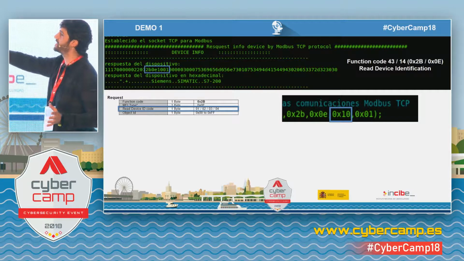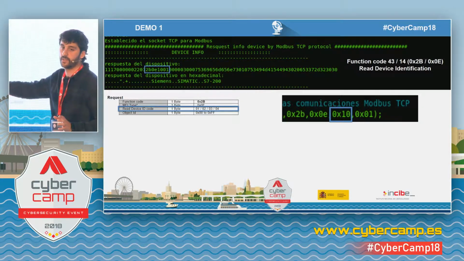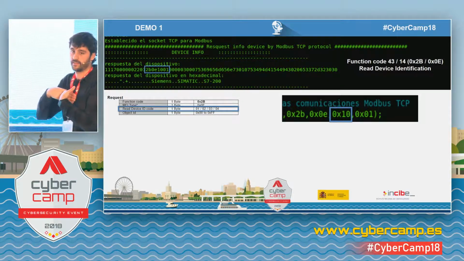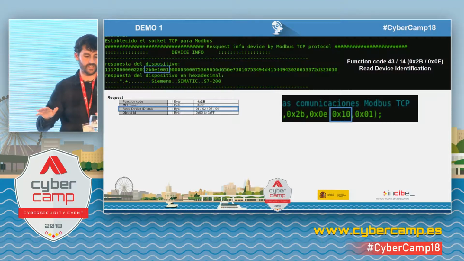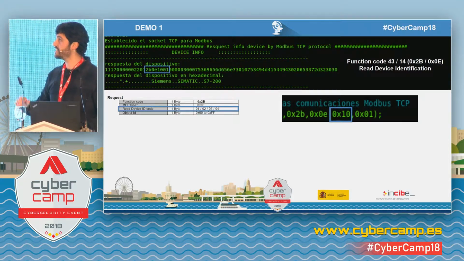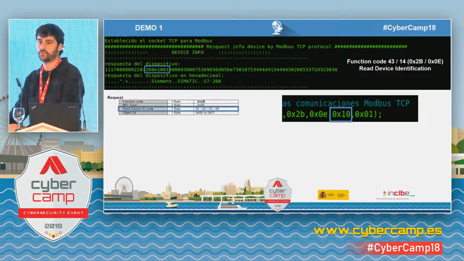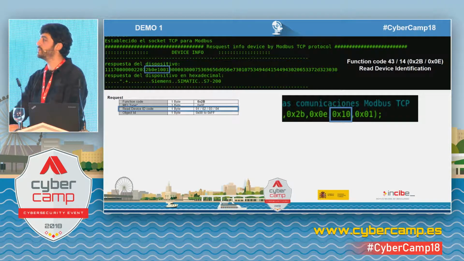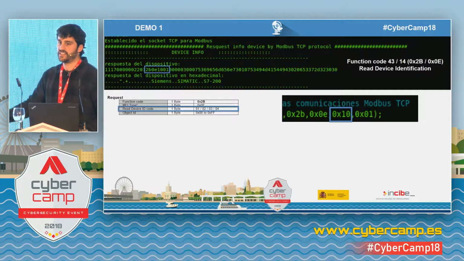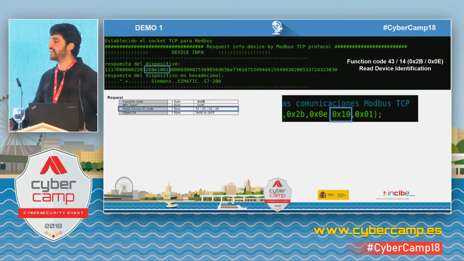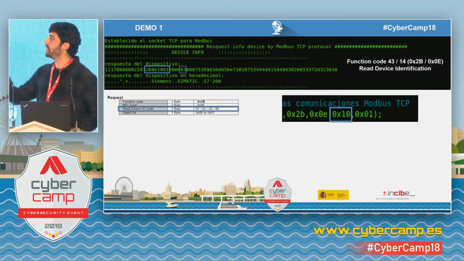This was one of the threads. And there are different things you can use. I'm using 10. 10, it's not there. Therefore, if it does not exist, the answer, according to the Modbus logic, the way this protocol is implemented, should be a failure. And it answers that everything is okay.